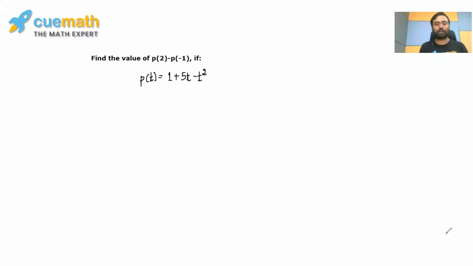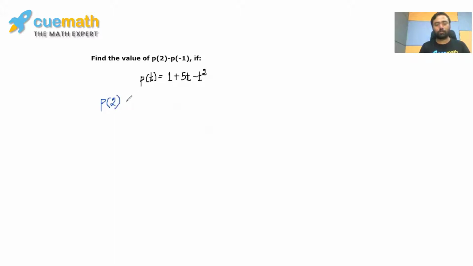So here we have the next question where we have to find the value of the expression p of 2 minus p of minus 1 if p of t equals 1 plus 5t minus t square. So we'll have to evaluate this question in parts. The first part would be to find the value of p of 2 by substituting t as 2.